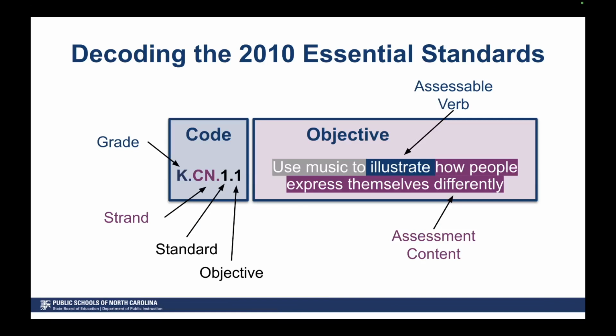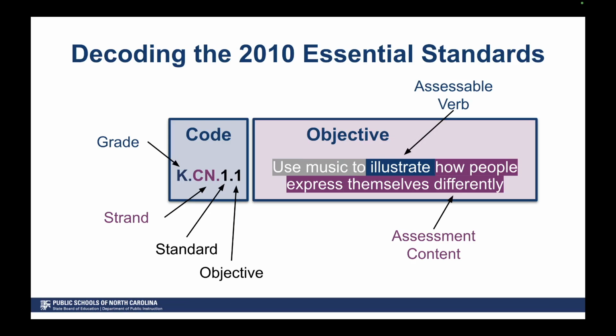They're just verb objects. The subject is understood by everyone just to be the student. So the stem we always use is "the student will" or "will be able to." After that comes the accessible verb, and the rest is the assessment content.